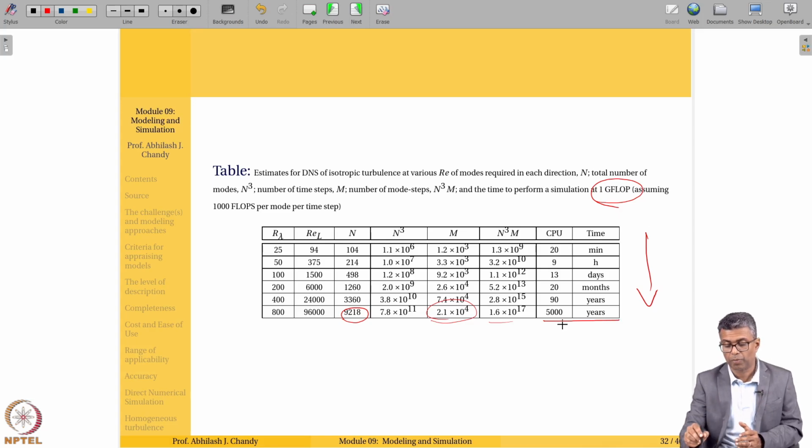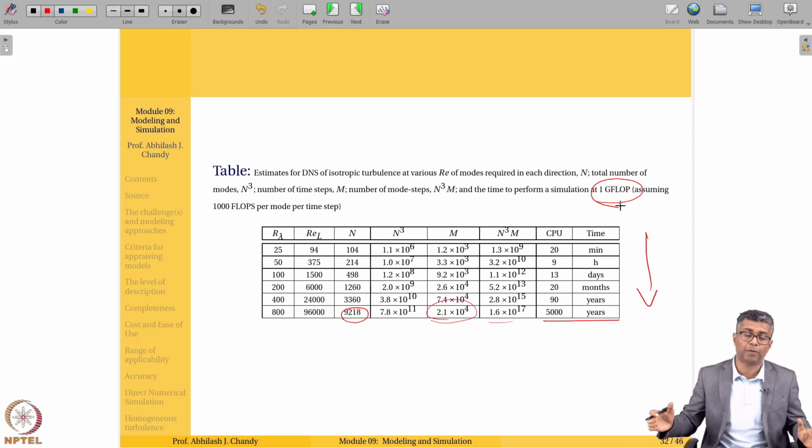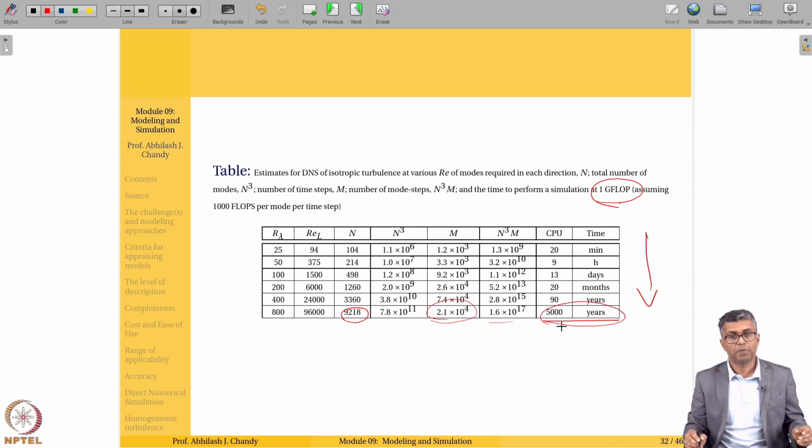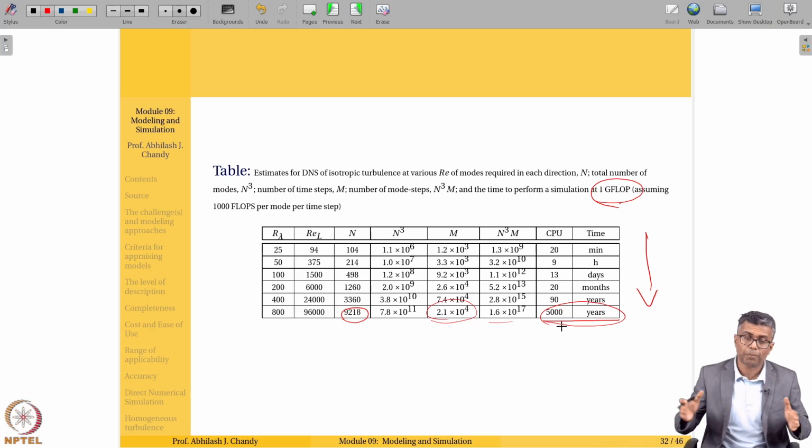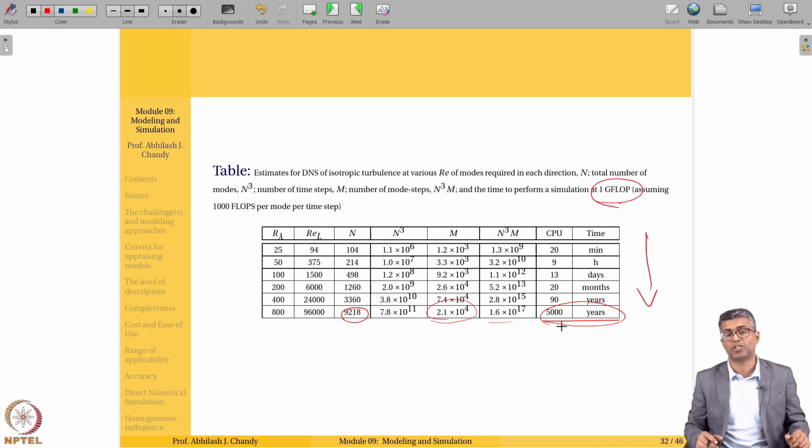Because we are talking about a machine that is at least 6 to 9 orders of magnitude faster than a gigaflop machine, today's machine. And we are talking about multiple machines, because in parallel. So then this will definitely be in the vicinity of achievable. Am I being clear? Because you are dividing 5,000 years by 10 to the 9. So already you are now in days, and then you go into multiple machines, and then you can actually achieve this in days.